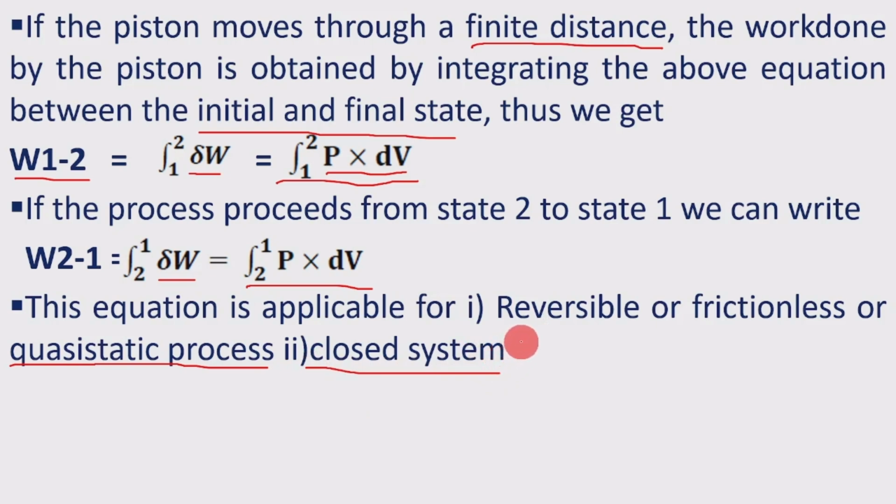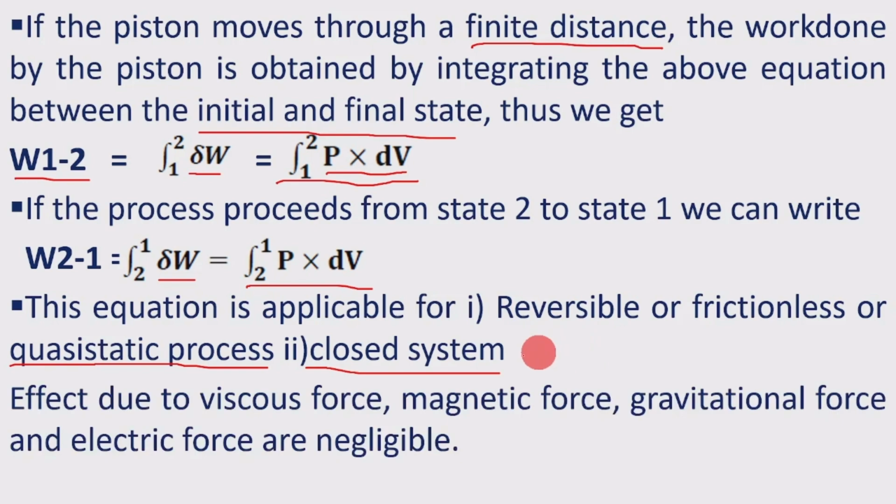Later we are going to discuss those quasi-static processes. It may be a constant pressure process, constant volume process, isothermal process, adiabatic process, or a polytropic process. For all those, the work done equation can be derived by taking this equation. Later we are going to discuss that.